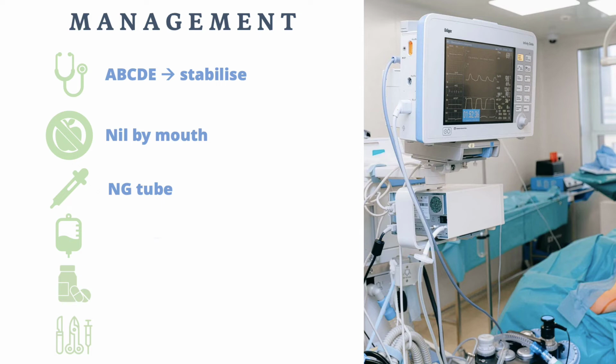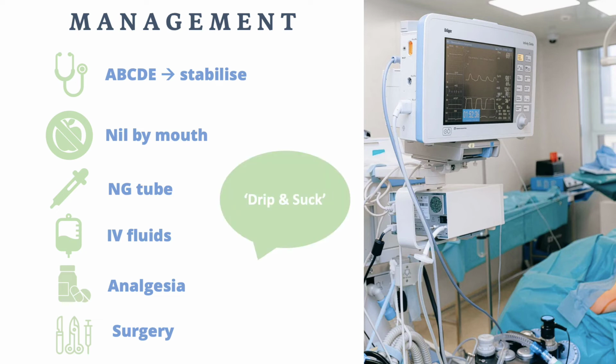You should start them on IV fluids and give appropriate analgesia, and these steps are the first line management for bowel obstruction. If the patient is still in pain or the obstruction is still persistent, then you can refer the patient for surgery. The mainstay treatment for bowel obstruction can be remembered by the term drip and suck, where drip is the IV fluids and suck is the NG tube.